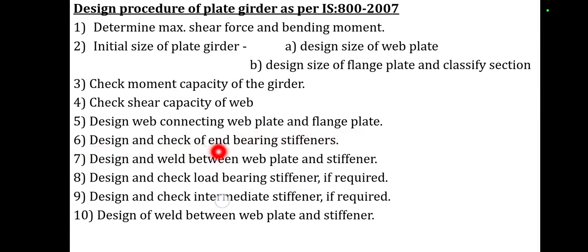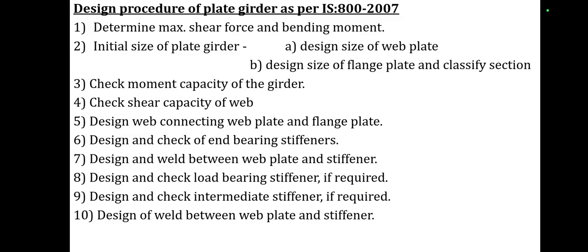Then design and checking of the web end bearing stiffener. Then design of the weld between the web plate and stiffeners. Then the next step is design and check for the load bearing stiffeners if required. Step number 9 is design and check for the intermediate stiffener. And the last step is design of the weld between the web plate and the stiffeners. So this was all about our design steps for the welded plate girder.